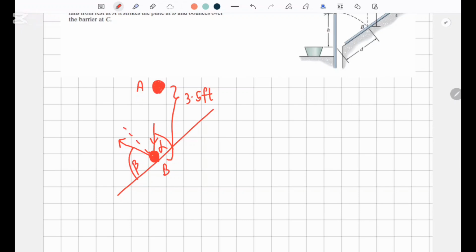And this is your perpendicular line. If this is alpha, this is alpha, right?